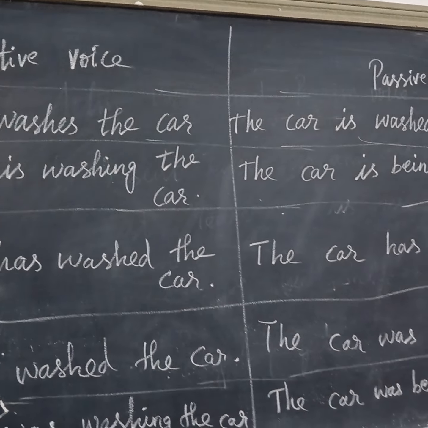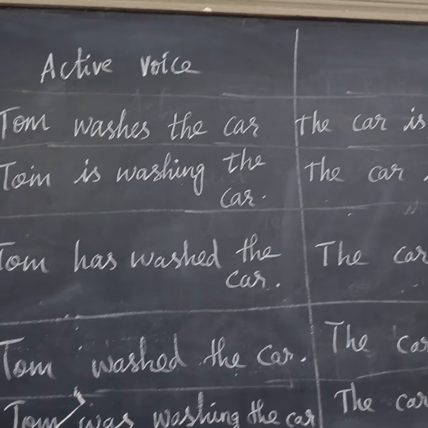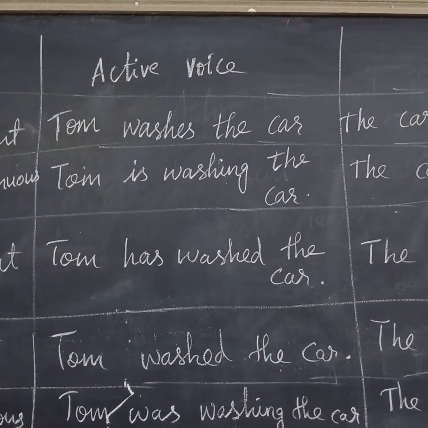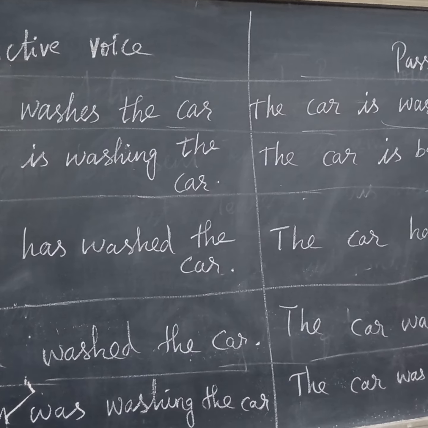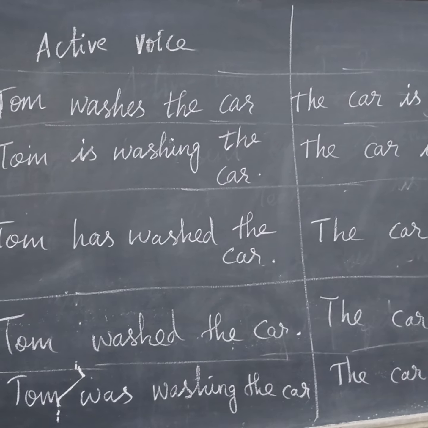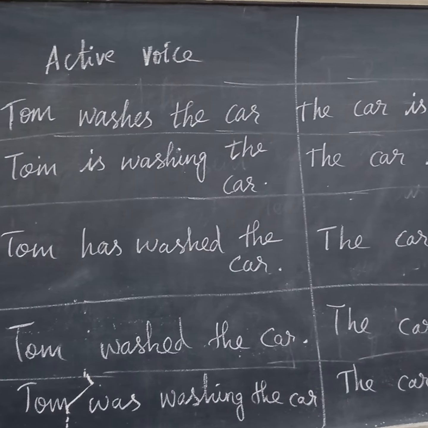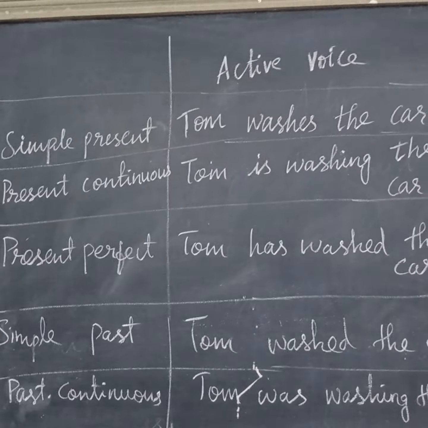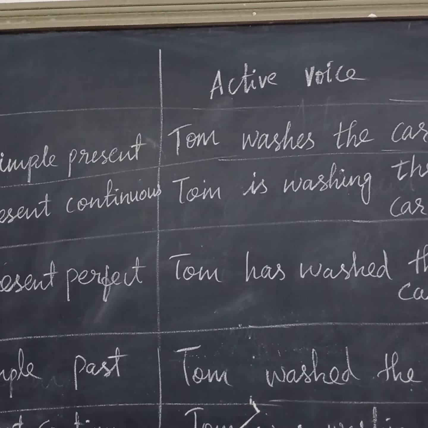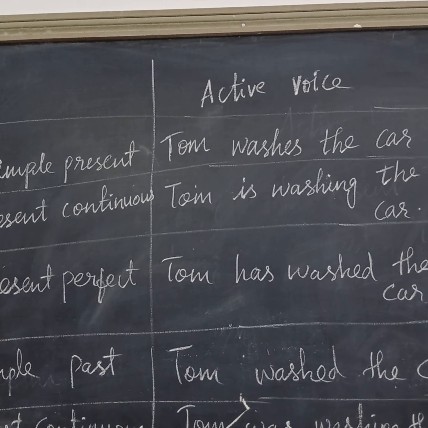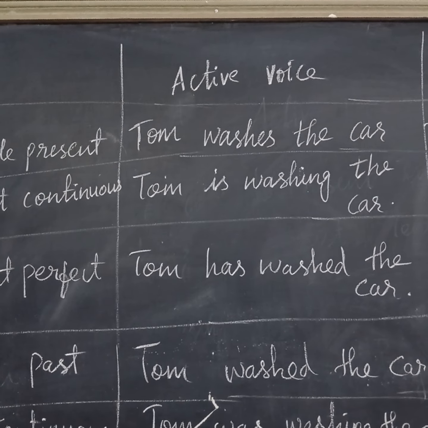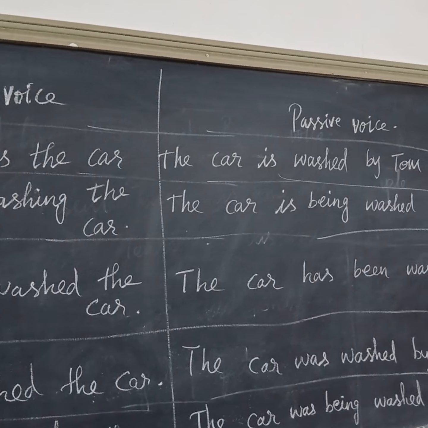Here see the object, the car. This is a singular noun, so you have to put a singular verb, is, the singular present tense auxiliary verb. Then see the verb washes. Think about the past participle of the verb, washed.